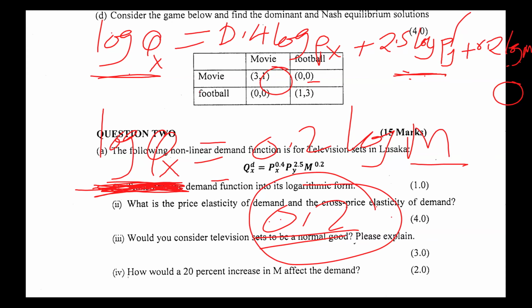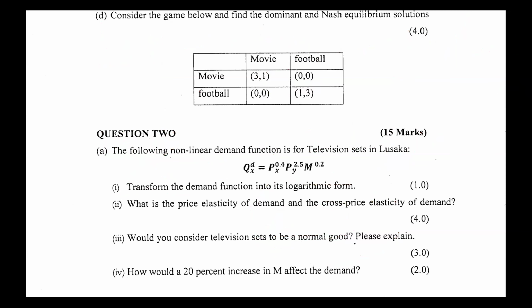So how would a 20% increase in income affect the demand? We have already explained how it affects demand. Demand increases, right? If you change income, demand increases. Why should demand increase? Because these are normal goods, as we have already established.